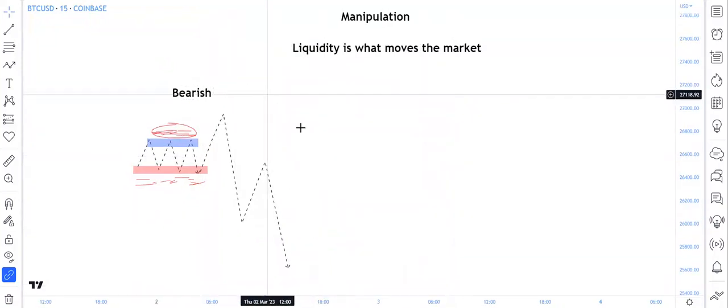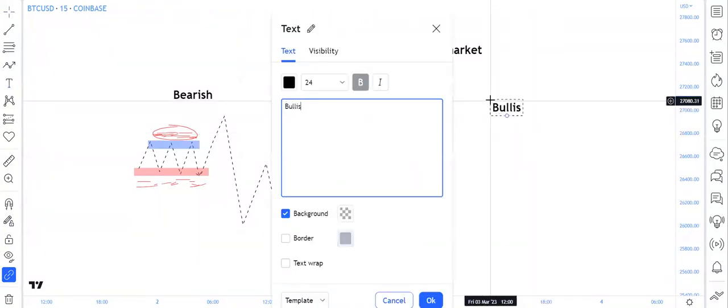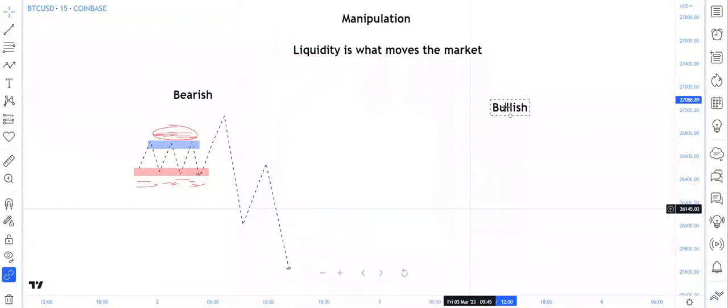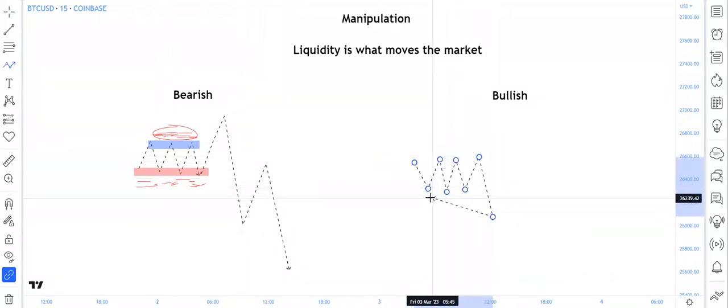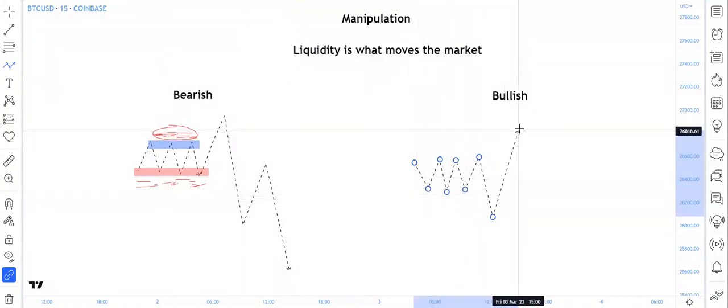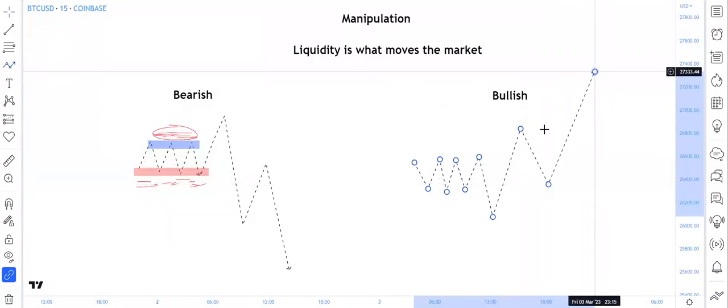Let's take a look at a bullish example. We have price ranging, and then price moving down, grabbing all of these retail stop losses right below support before moving towards the upside, and then continuing towards the upside.